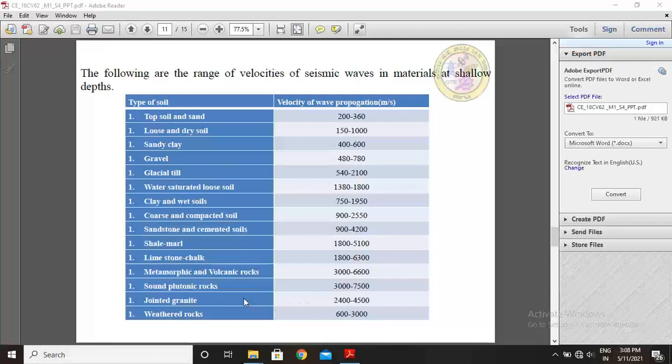If the type is jointed granite, velocity is 2400 to 4500. For weathered rock, 600 to 3000 meters per second velocities of wave propagation are there.